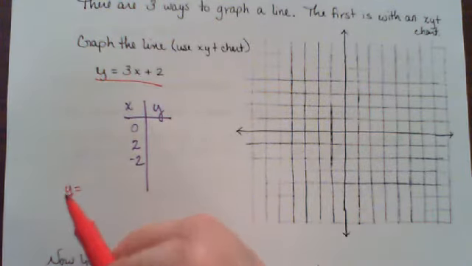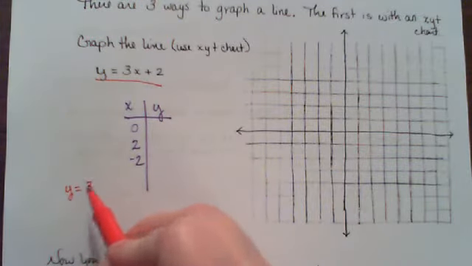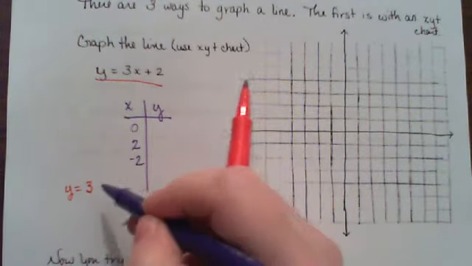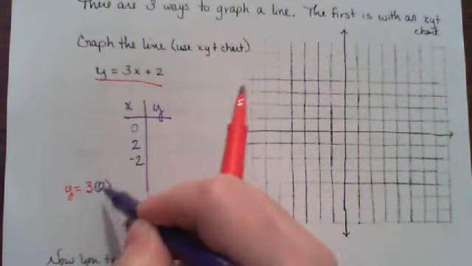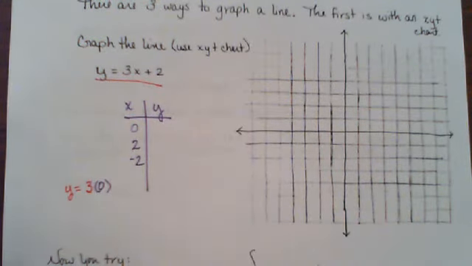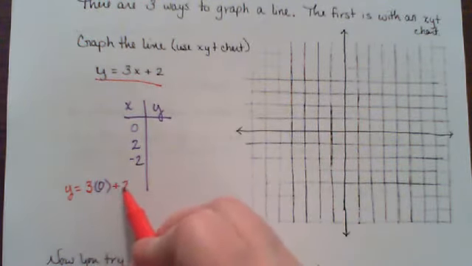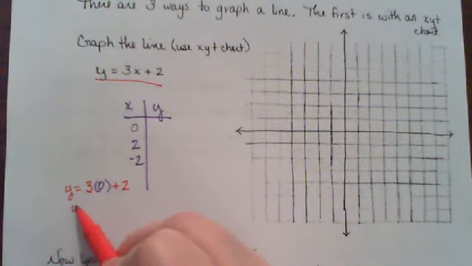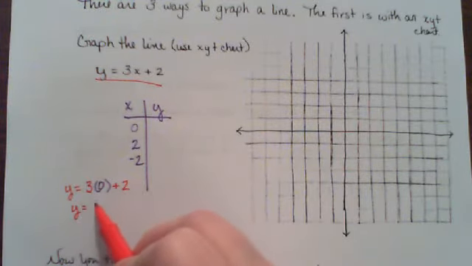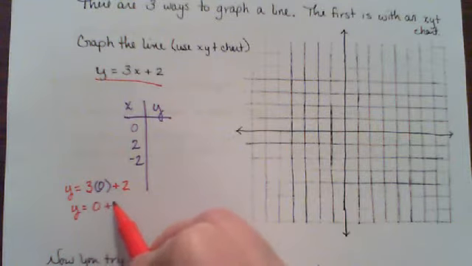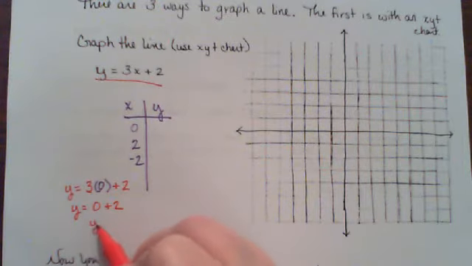So it says y equals 3, and in place of x, I'm going to put the 0 that we chose for the first one, plus 2. So that means y equals 3 times 0 is 0 plus 2. So y is equal to 2.